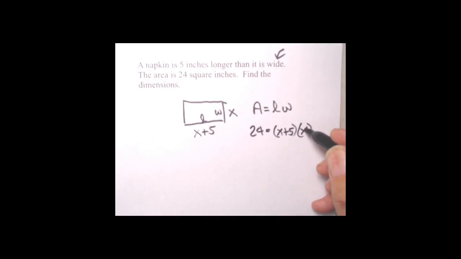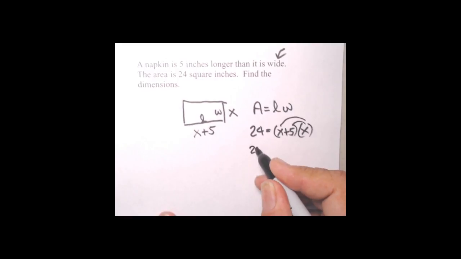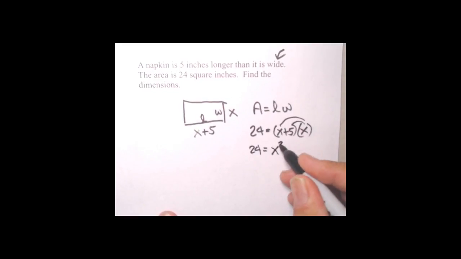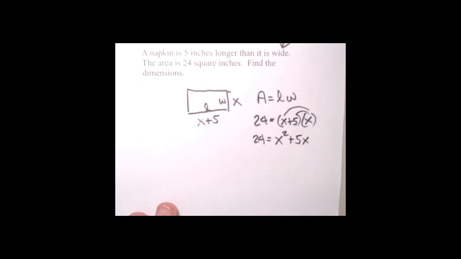This is distributive law. The single term is in the back, so we'll just distribute backwards. So I get 24 equals X times X is X squared plus 5 times X, 5X. Okay, like we did before.